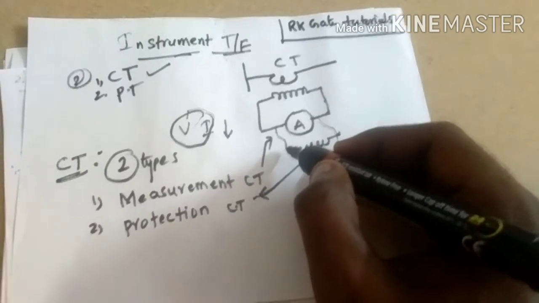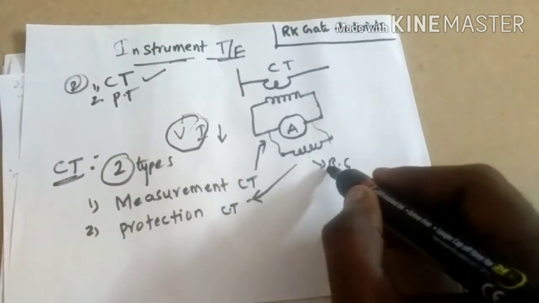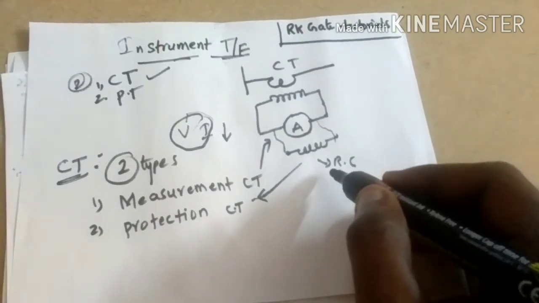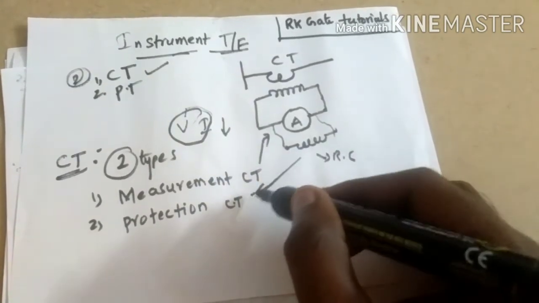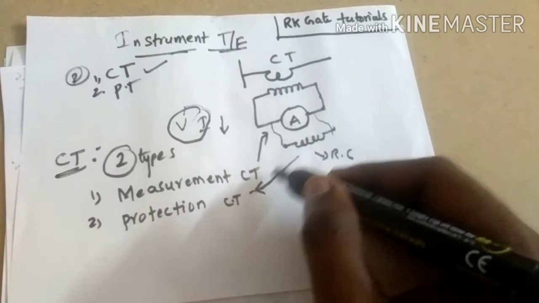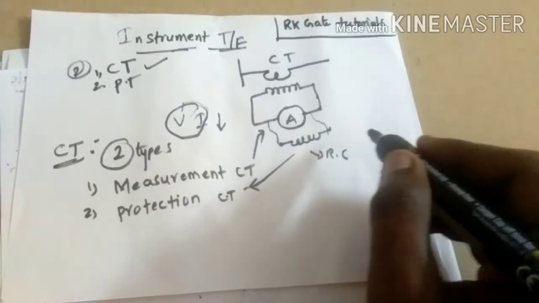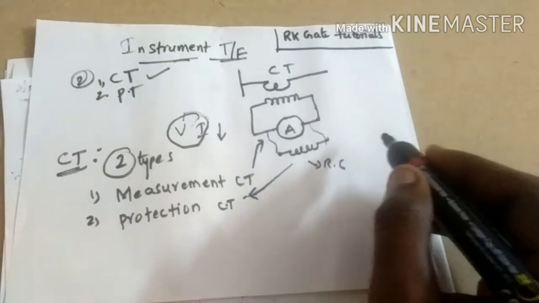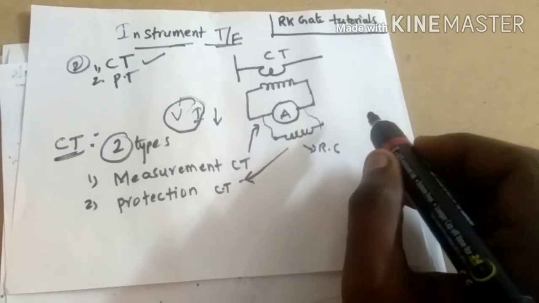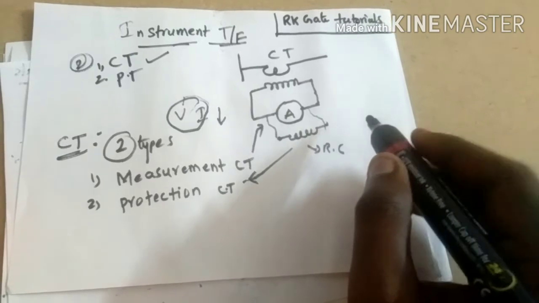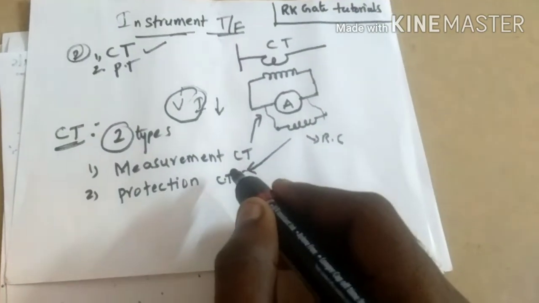The relay coil will be on the secondary side of the protection CT. Of course a plunger and trip circuit etc. will be there, which we have seen in the relay and circuit breaker configuration. So this is the protection CT.